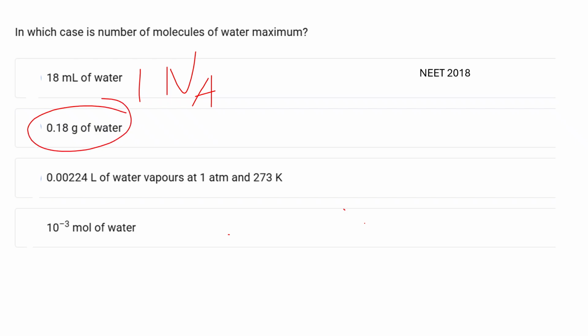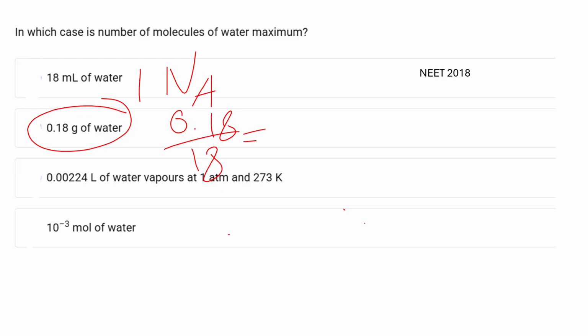For option B, there is 0.18 gram of water, which is nothing but how many moles? To find number of moles, given weight divided by molar mass. 0.18 divided by 18. What is it?